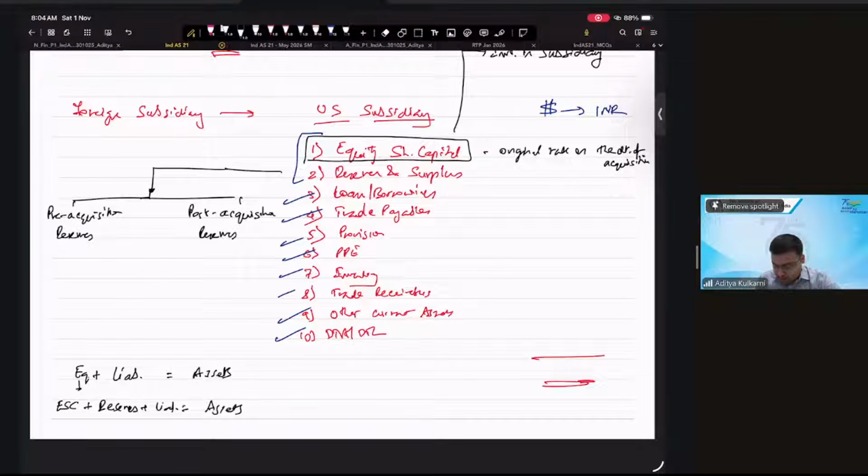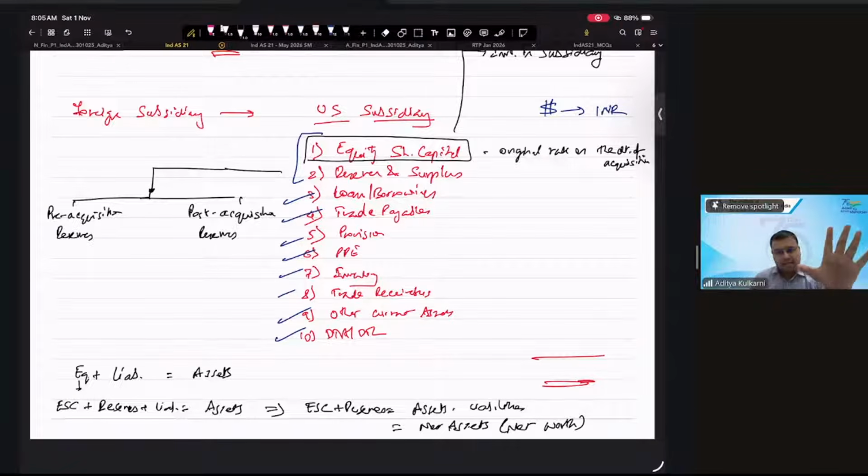That means equity share capital plus reserves is equal to assets minus liabilities. Assets minus liabilities, we call it net assets. And these net assets, we also call net worth. Yes or no?